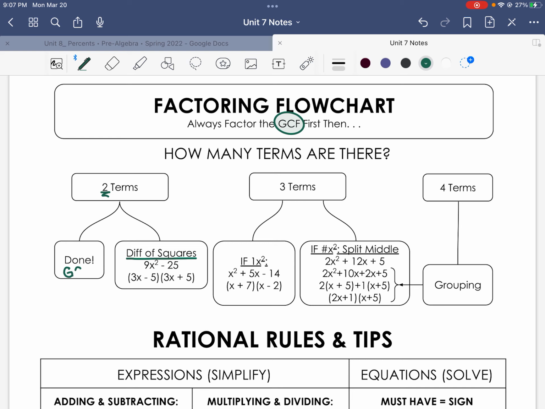Underneath done, I'm going to write GCF only, because this is assuming we've already looked for the GCF. If you think you're done, you need to make sure you actually did a greatest common factor first. Otherwise, maybe it actually isn't factorable.